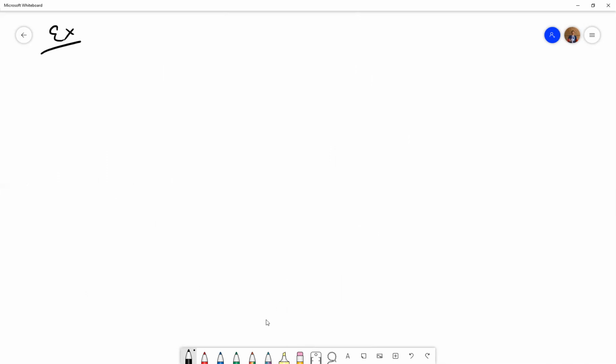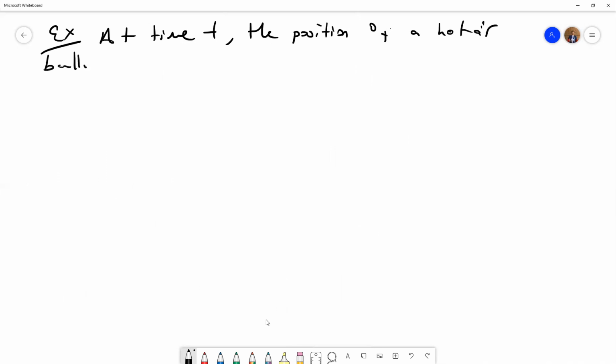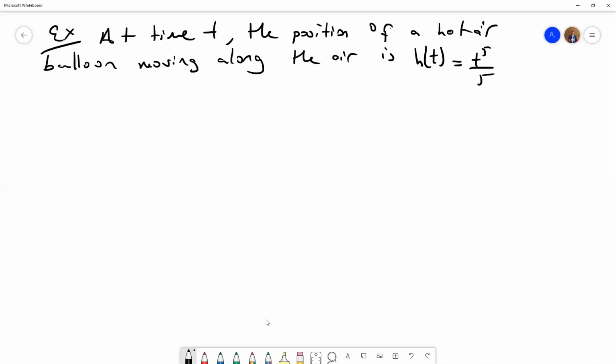Example, at time t, the position of a hot air balloon moving along the air is ht is equal to t to the power 5 over 5 minus 4 t cubed plus 7.